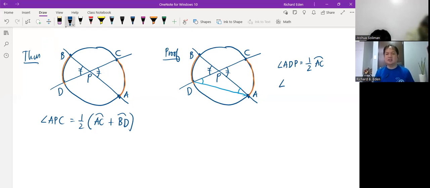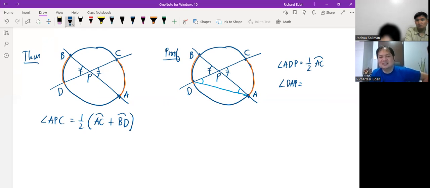What about angle DAB? What can we say about angle DAB? Why is angle CDA congruent to angle DAB?